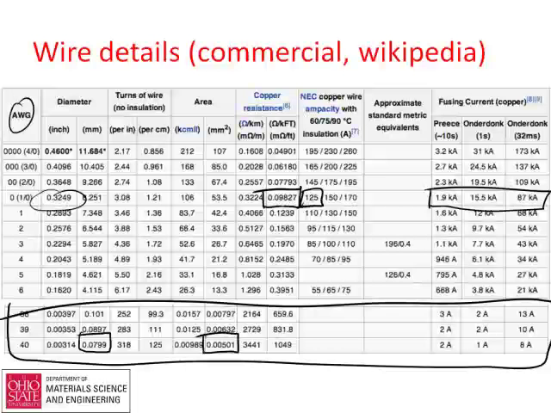So for 1,000 feet of this wire, here, milliohms per meter. It says 3,000 milliohms per meter, so that's something on the order of 3 ohms per meter of wire.